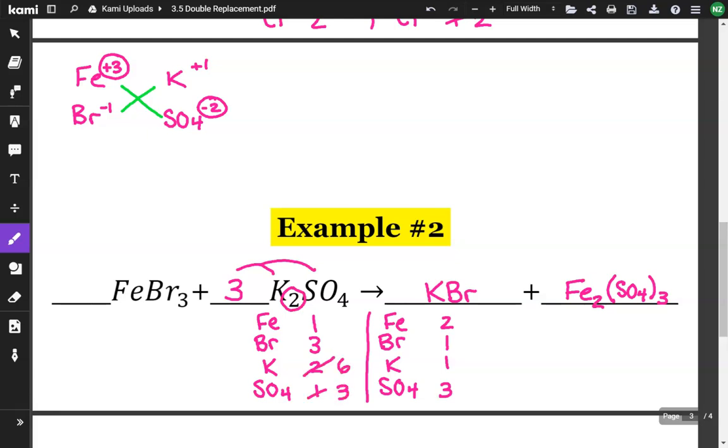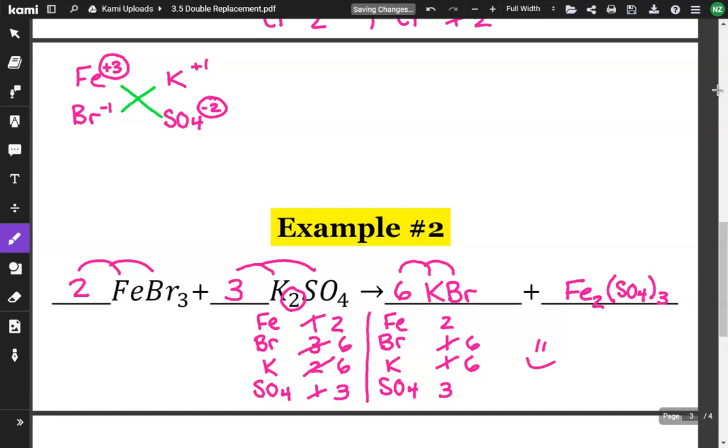I get my 3 here. I need 6 potassiums on the right side, so let's put a 6 here. That goes to potassium and bromine. And then let's put a 2 here. That goes to iron and bromine. Balanced.